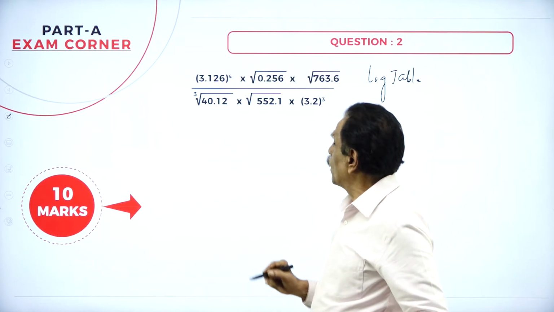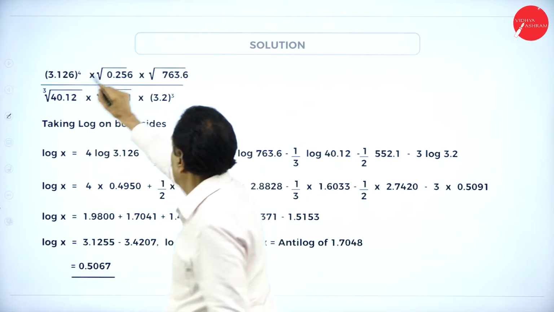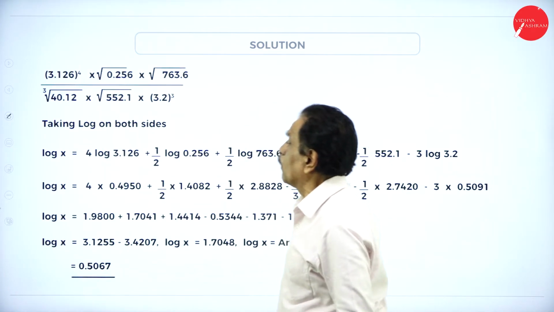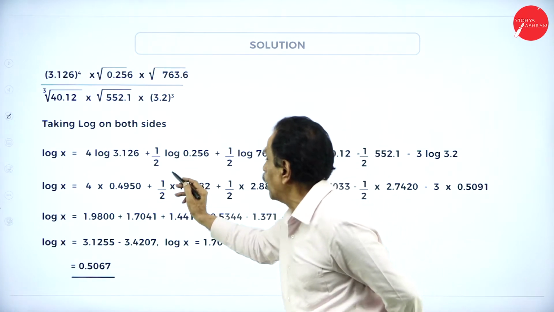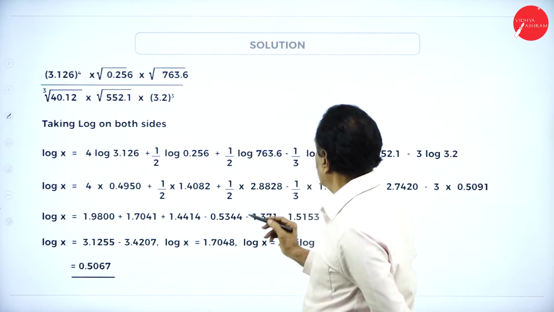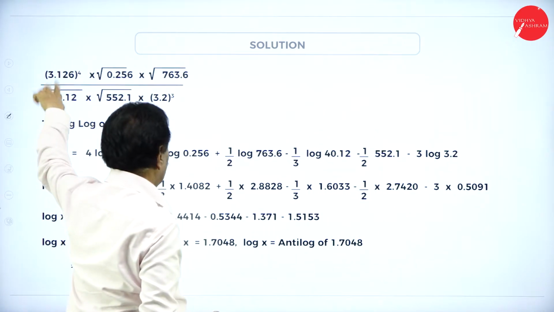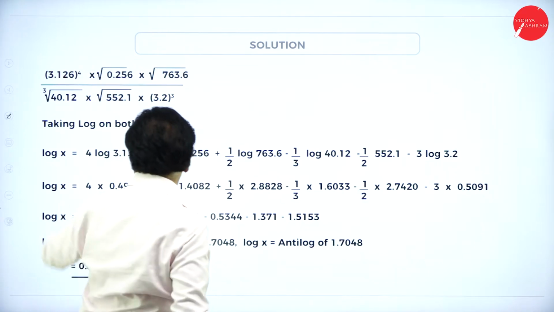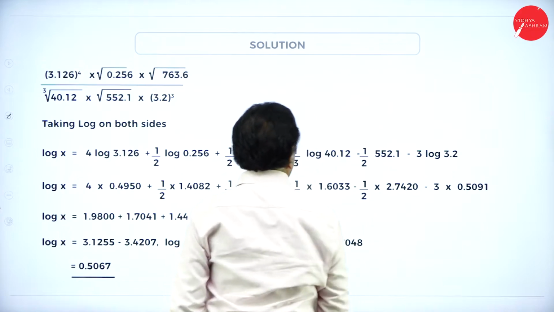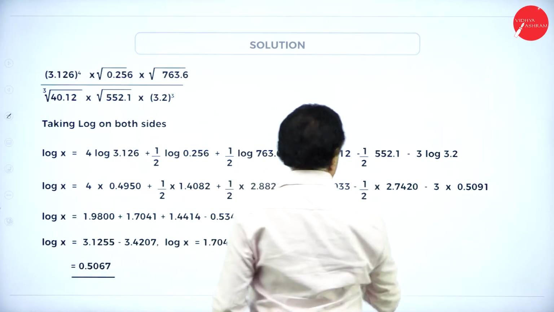This is 3.1264. Taking the log on both sides, log x is equal to 4 log 3.126 plus half log of 0.256 plus half log of 763.3 minus 1 by 3 log 40.2 minus half log of 552.2 minus 3 log 3.2.